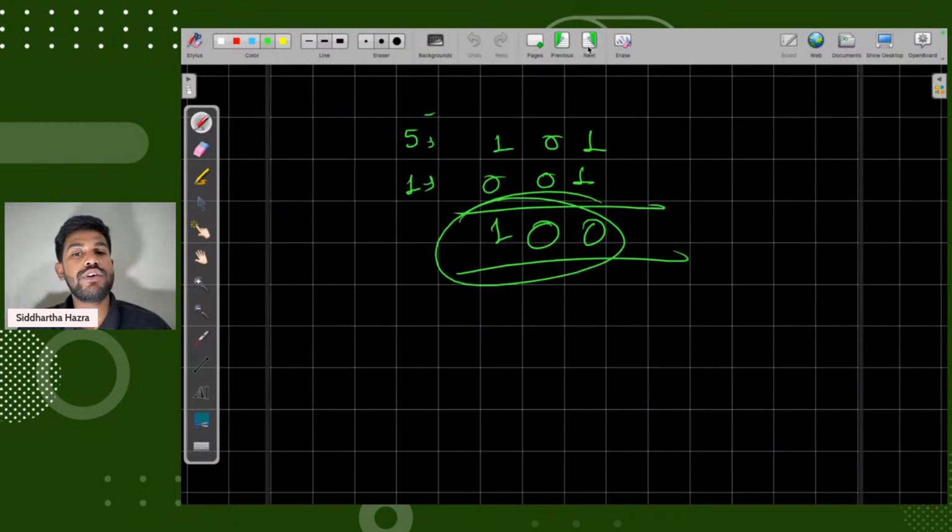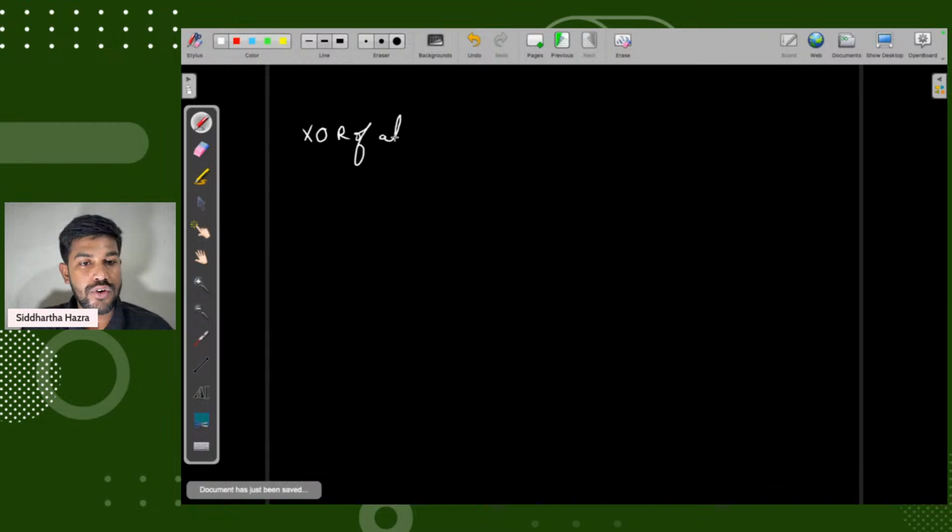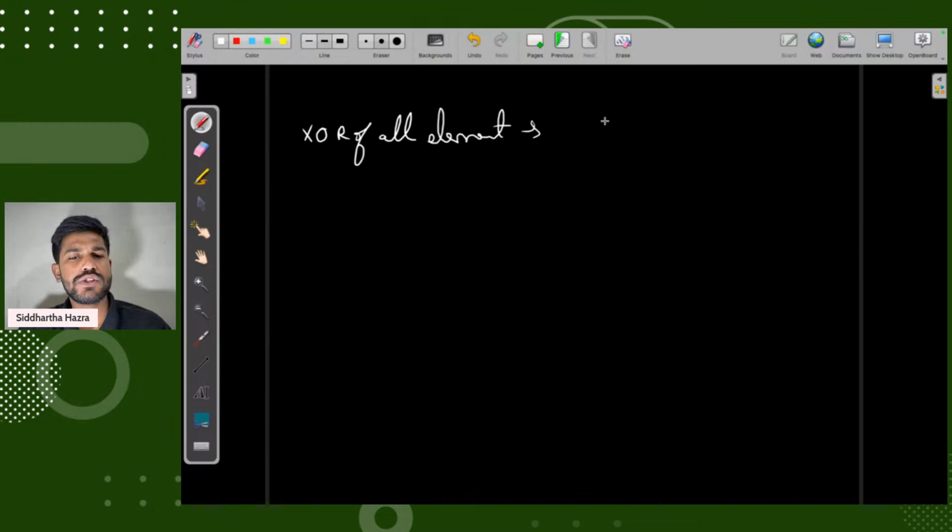So now we can say from all of this that the XOR of all elements is equal to some value, suppose x, or let's take a value val. Let's write it in a different line or different color, val. Now x XOR y is also equal to val.